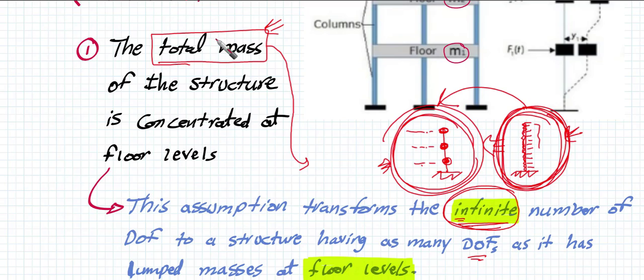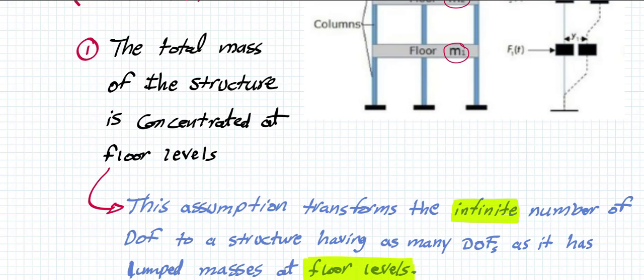Okay, this is the meaning of total mass concentrated at floor levels. So we are changing the system from a continuous system with an infinite number of degrees of freedom to another system that has degrees of freedom at floor levels only. This is assumption number one related to the shear building.